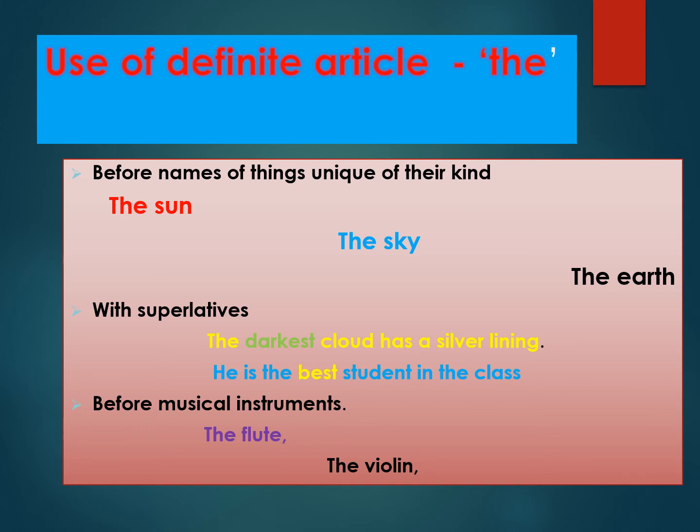So take any musical instrument. When you want to name that instrument, you have to use the definite article the before the noun. The violin, the guitar, like that.